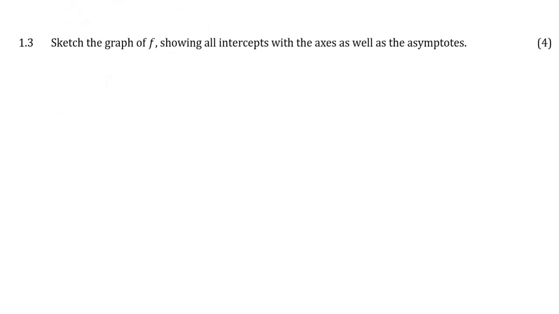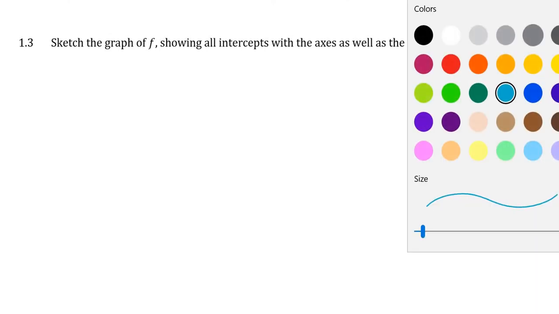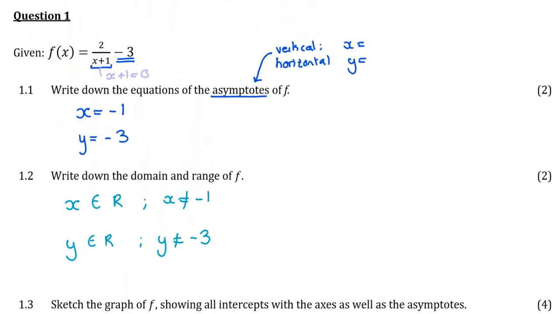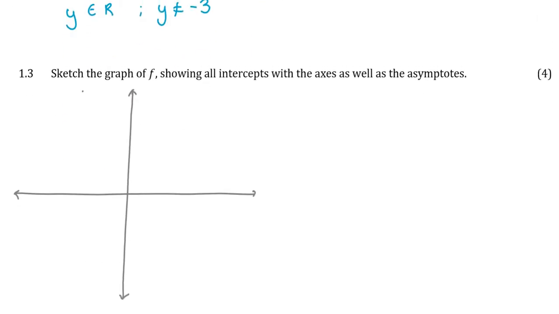Okay, the next question says, can we sketch it? Now, we've already done a little bit of work in trying to sketch it, and we've already worked out our two asymptotes. So if I drew this, remember we don't draw to scale necessarily. So my asymptotes: x is equal to -1, and y is equal to -3.